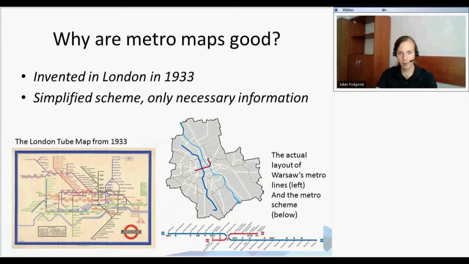As an example of how far this simplification can go, you can look at the map of Warsaw. This gray blob is Warsaw. The blue line and red line are two metro lines, and below is the metro scheme of Warsaw. And you can see that even though in reality the two lines are perpendicular to each other, forming a kind of cross, on the metro scheme they are parallel.